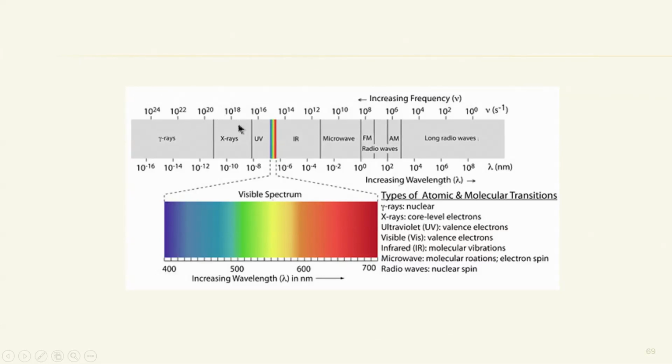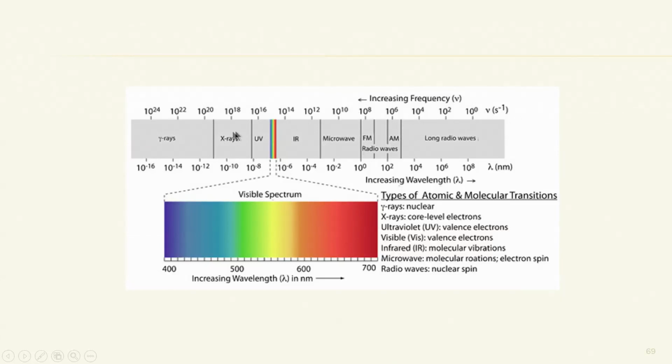And then come X-rays having 10 raised to 18 frequency. Then ultraviolet rays are around 16, and visible range are around 15, and frequencies for IR are 10 raised to 14, 12, etc. So, the frequency keeps on decreasing as we go through the electromagnetic radiation from left to right.